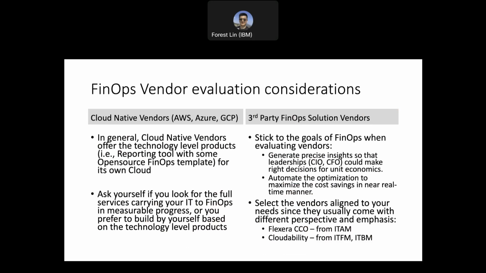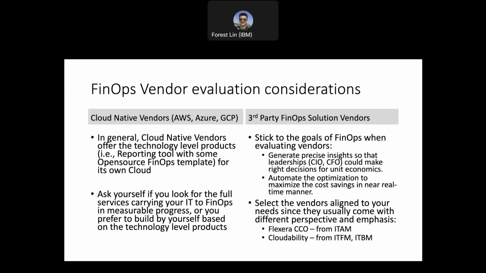The second category of the vendors are third-party vendors. My recommendation is when we look into these vendors, stick to the goals of FinOps when evaluating them. There are two goals. Enterprises want to generate precise insights so that the leadership, the CIO and CFO team, could make the right decisions for the unit economics.